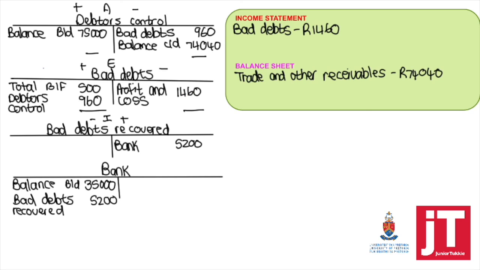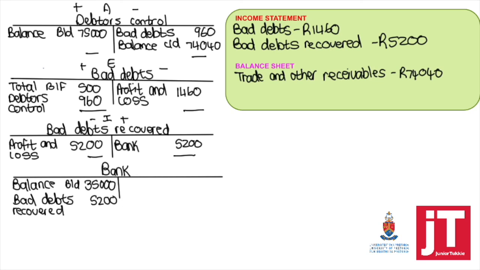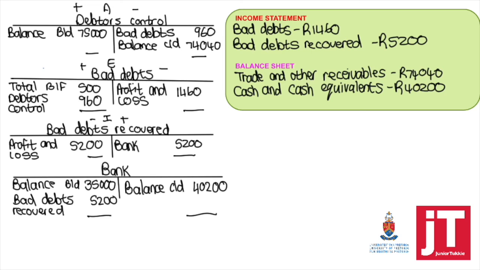Bad debts is closed off to the profit and loss account, so our expense for this year, which will appear in your operating expenses in your income statement, 1,460. Bad debts recovered is an income. It's closed off to the profit and loss account. Our total income, 5,200. Bank, my new balance is 40,200. Because this is a favorable bank balance, it will appear in your cash and cash equivalents, 40,200.